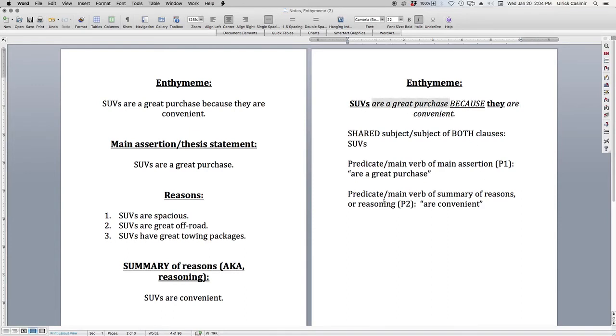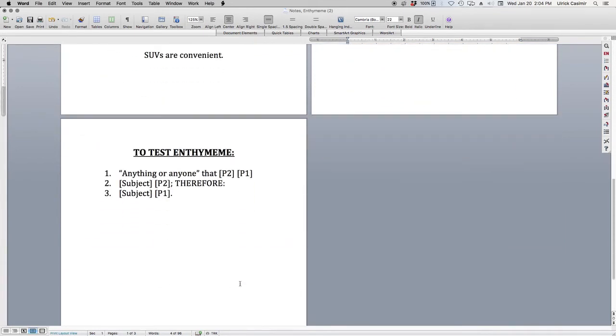Predicate 2, predicate 1. So anything or anyone that is convenient, you can change the are to is, you can modify the verb that way, change its number. Anything or anyone that is convenient is a great purchase.